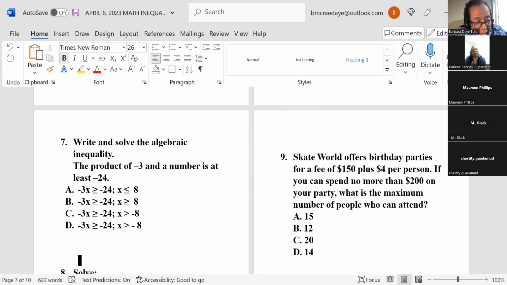Here it is called X, right? So the product of -3 and a number is at least. Mercedes, what does at least mean? At least. What inequality symbol does that equate to?